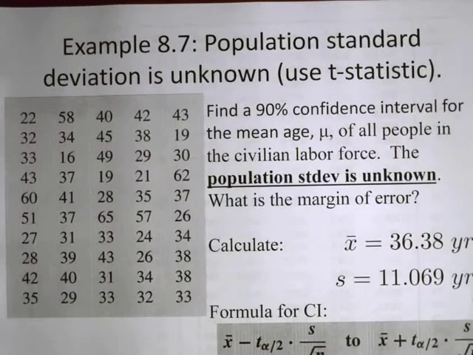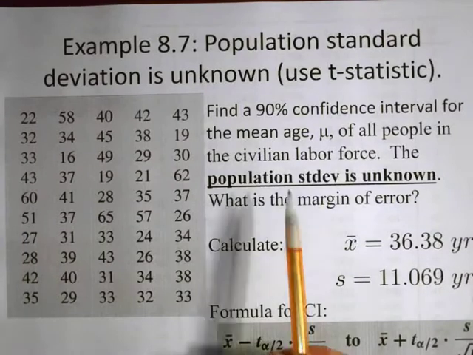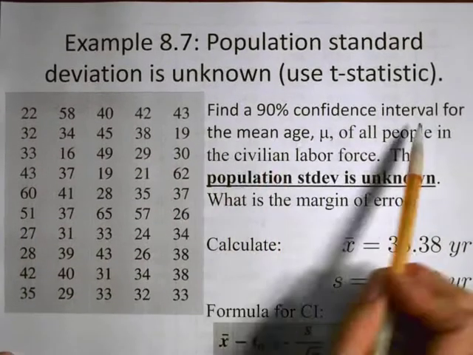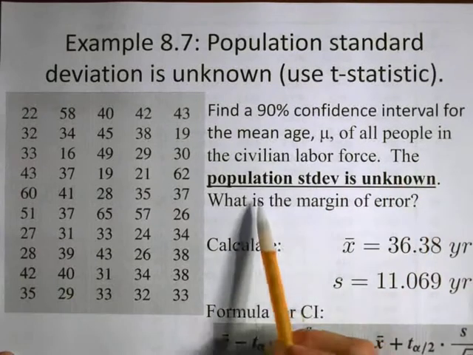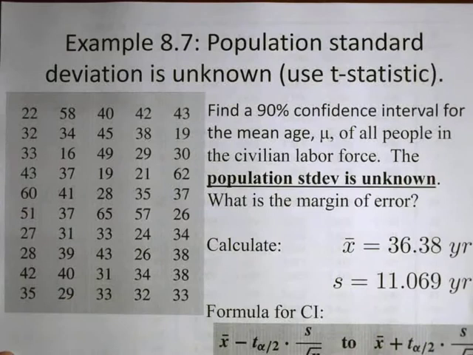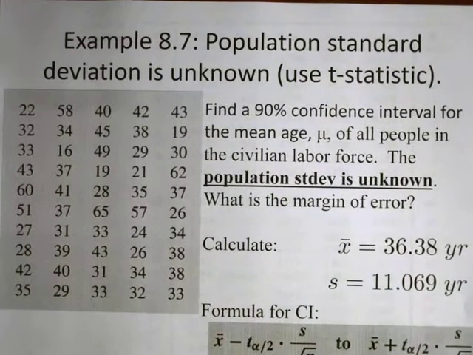And the last thing that I want to do is another example using the same data. Now I want to find a 90% confidence interval for the mean age of all people in the civilian labor force, but the population standard deviation is unknown. I want to figure out what the margin of error is now.